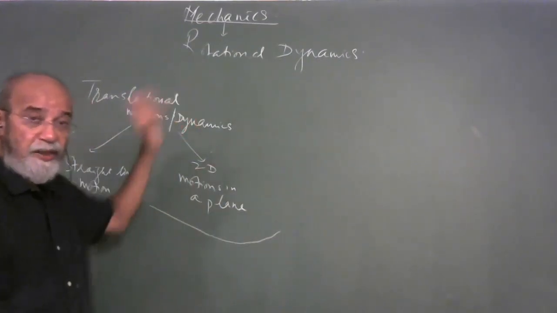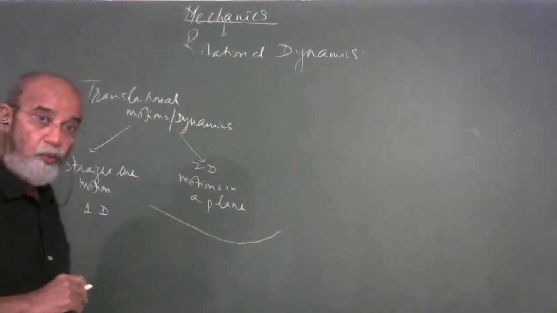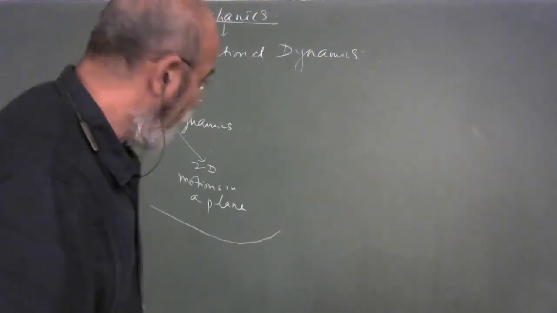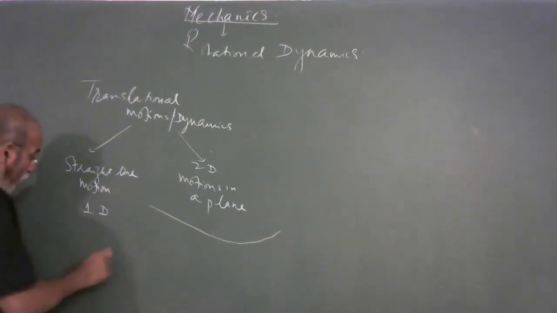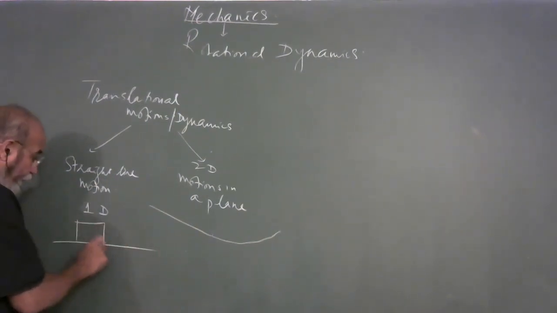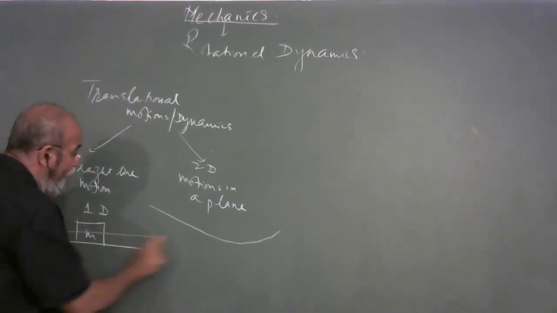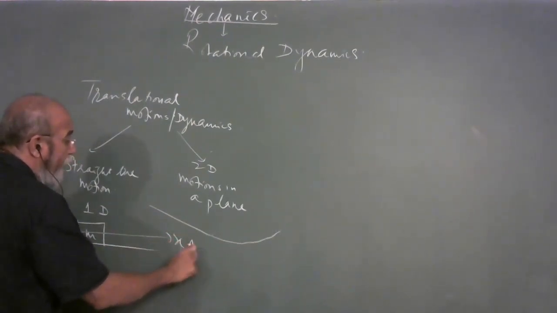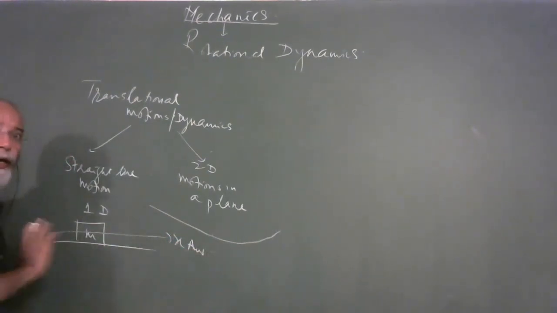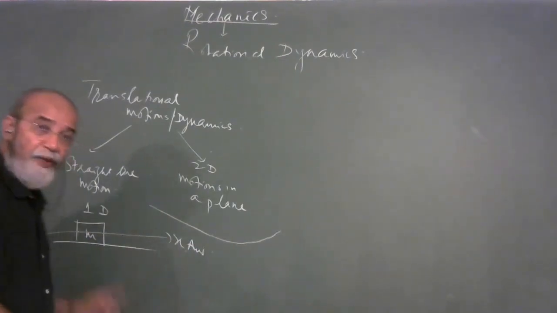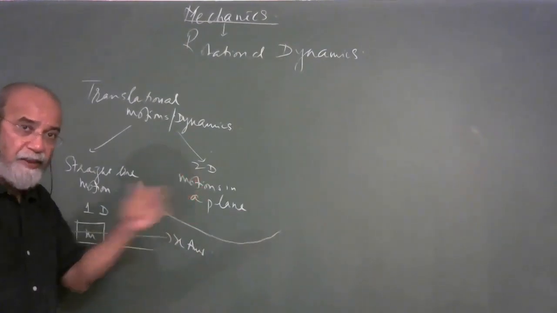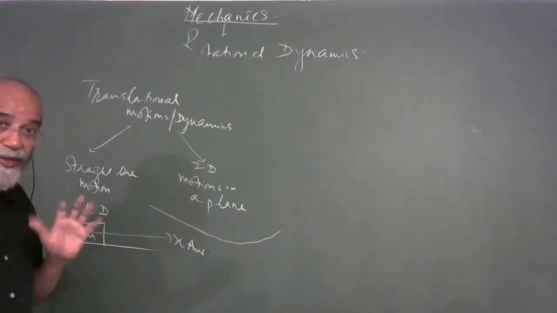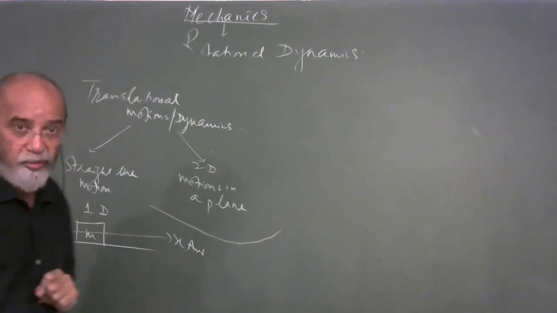In rotational dynamics, too. What was this? Straight line motion. Object traveling in one straight line along an axis. The elephant was restricted to walk along the x-axis. Restricted straight line motions.